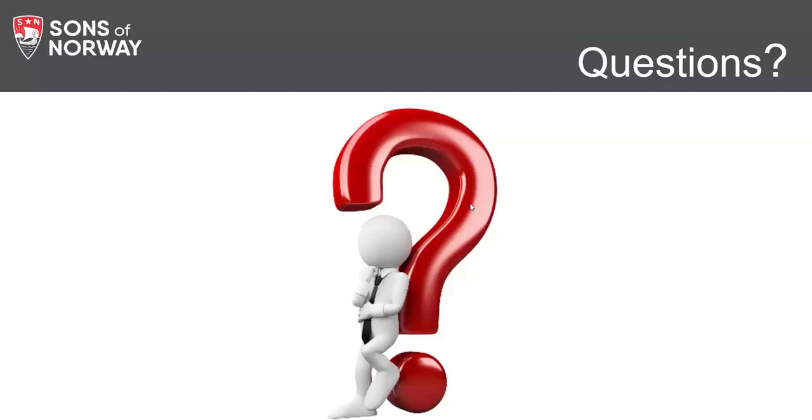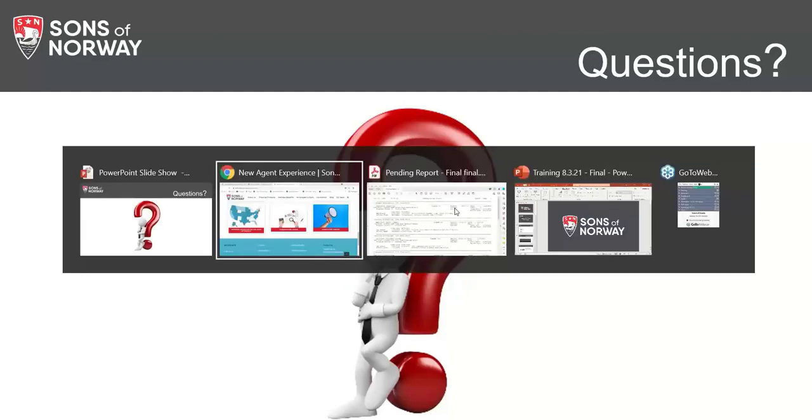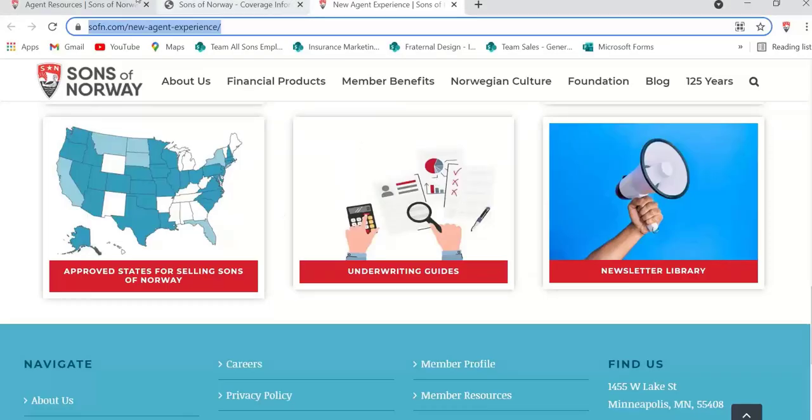Question from the field. I'm very experienced in life insurance, and my experience has caused me to avoid primary Medicare. What is a good place to start in terms of training? Beautiful question. That is where you log into Agent Resources. I will certainly take a moment to go back there.